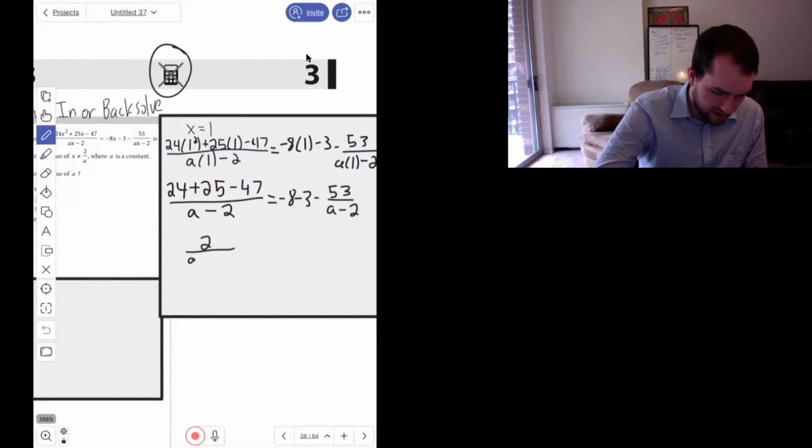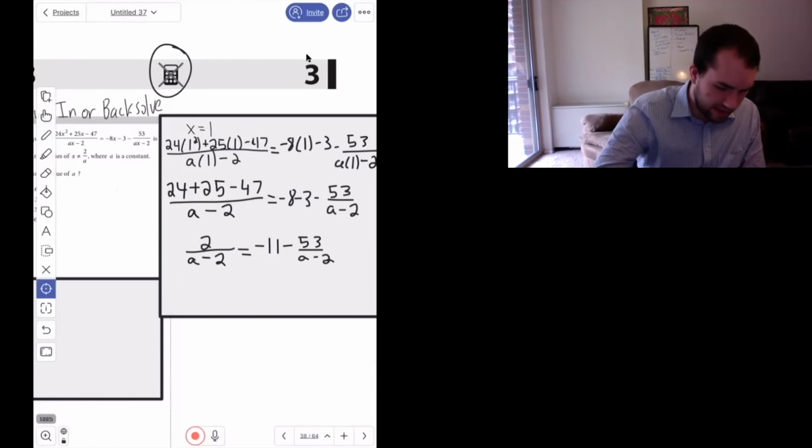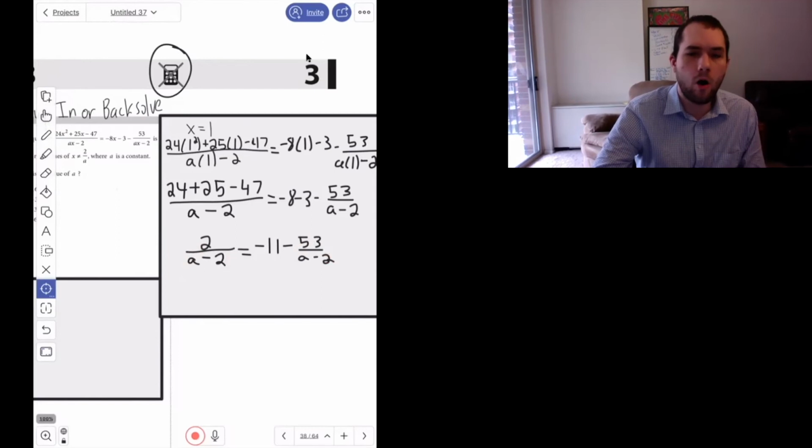2 over a minus 2 equals negative 11 minus 53 over a minus 2. At this point, I'm looking a little bit simpler. I sure wish I could get rid of this a minus 2 here. If I want to get something out of a denominator, all I need to do is multiply it on both sides.